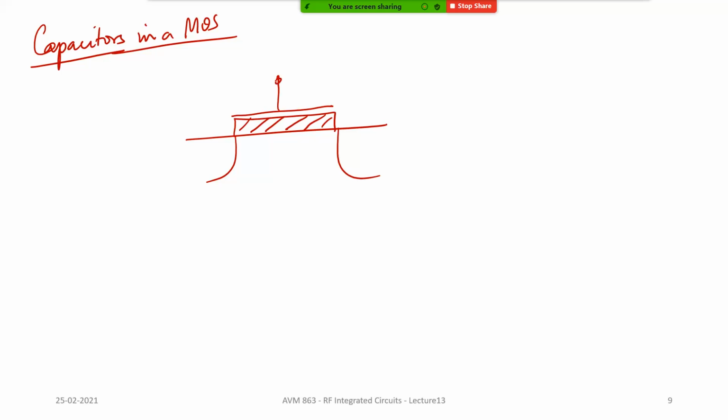Right now I am only going to look at the capacitance in the saturation region. You can look at other textbooks for the capacitance in the other regions. Usually there is a little overlap of the oxide with the drain and source regions, so you have what is called the overlap capacitance.